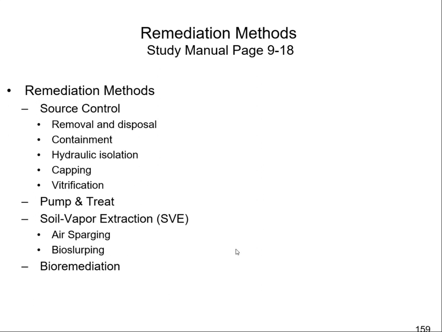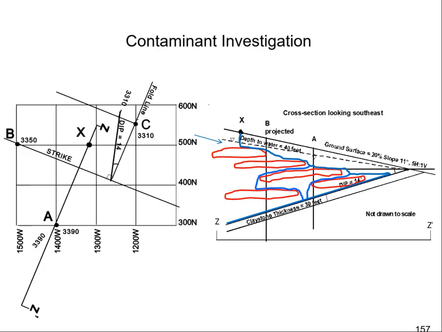So thinking about those, take a look at these and see when and why you would want to use some of this stuff as possible options. So looking back at our site and thinking about the question, how are we going to remediate this?